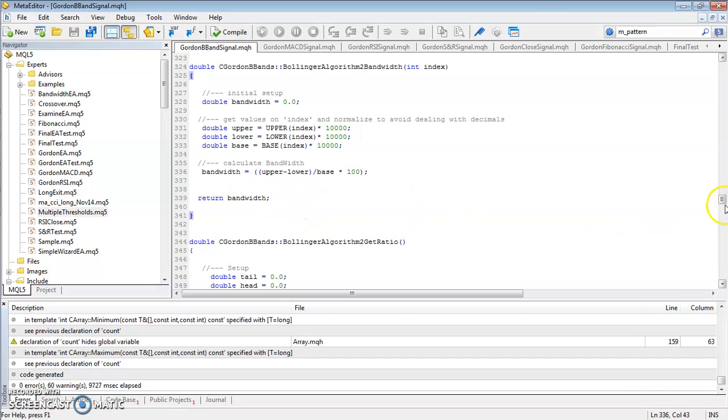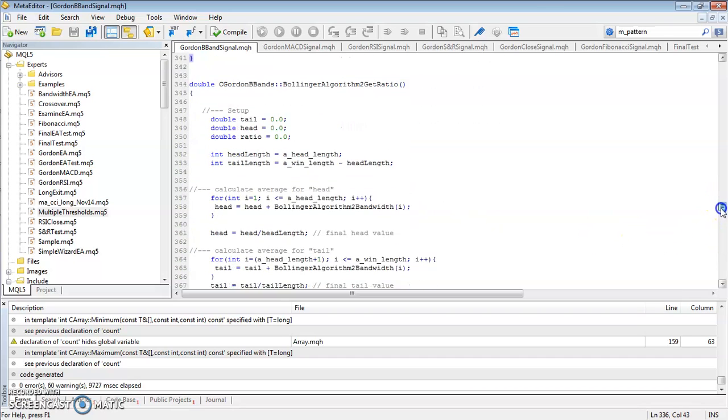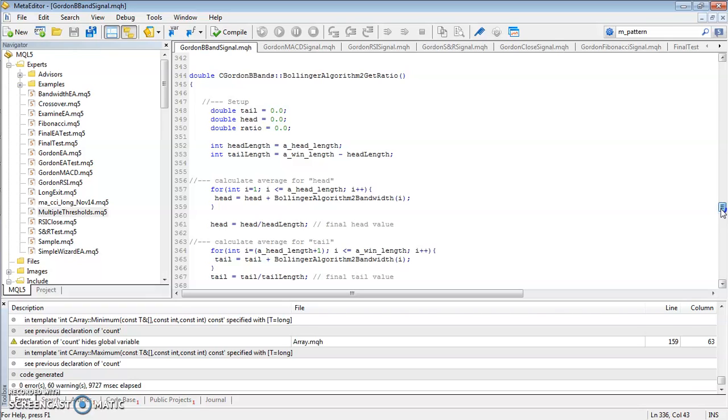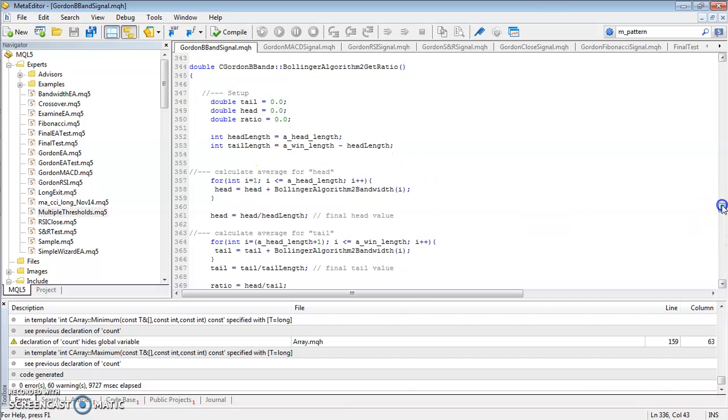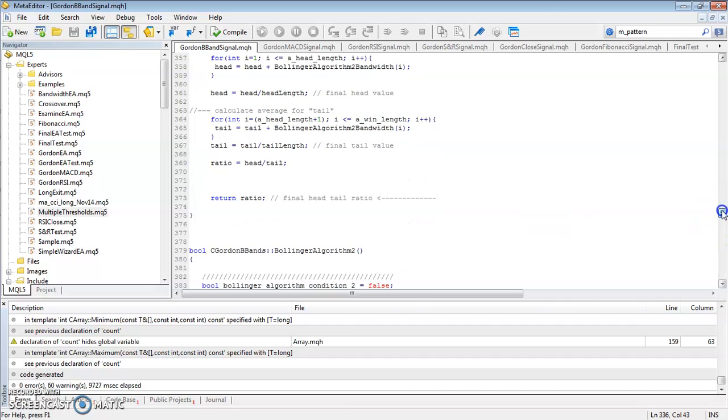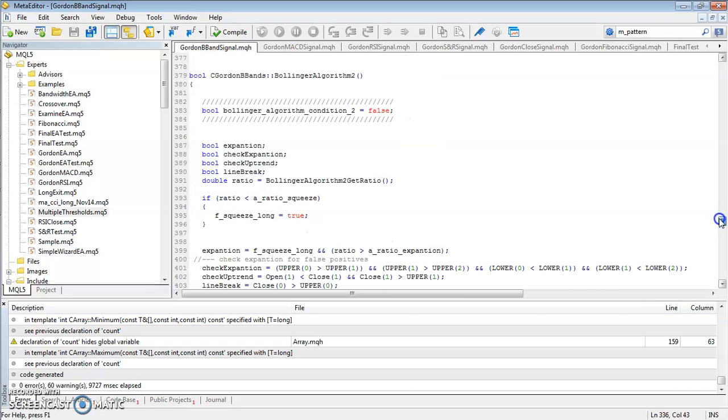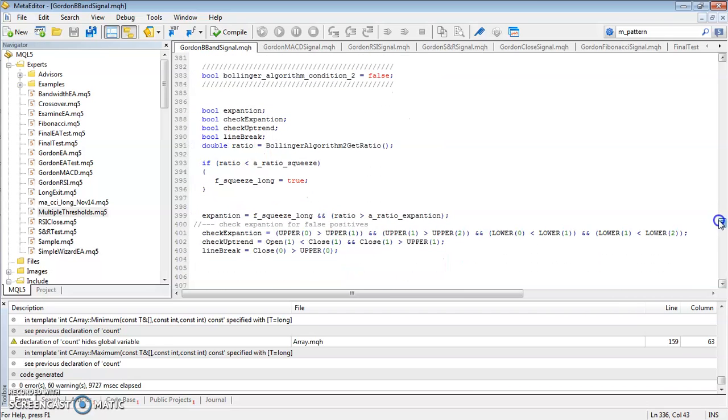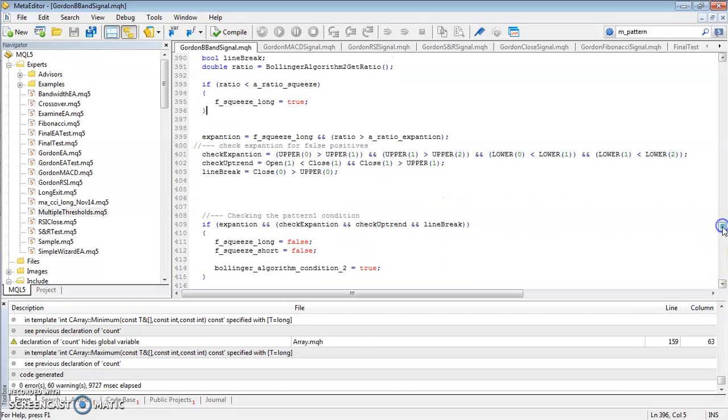Turns it here, and then he gets the ratio, and calculates it right here. So the ratio, the squeeze of the ratio, that's true.